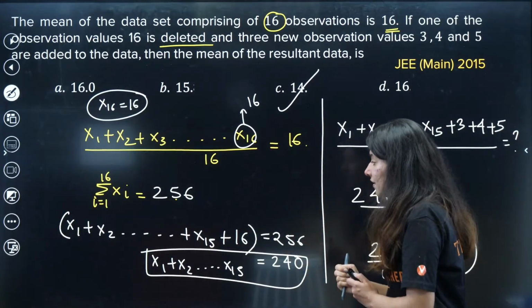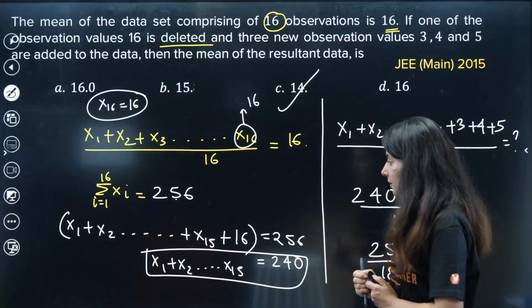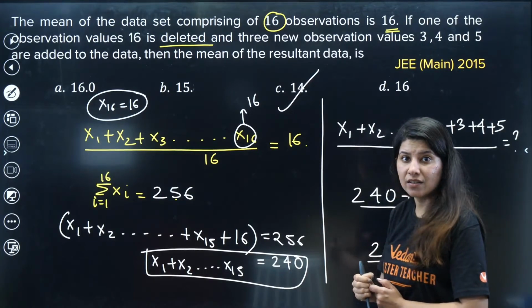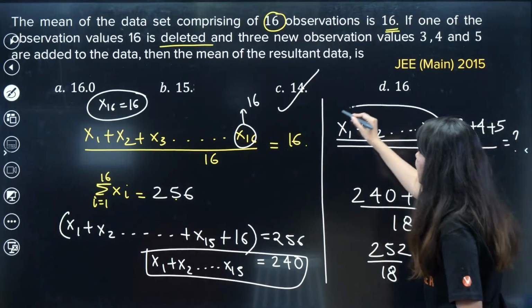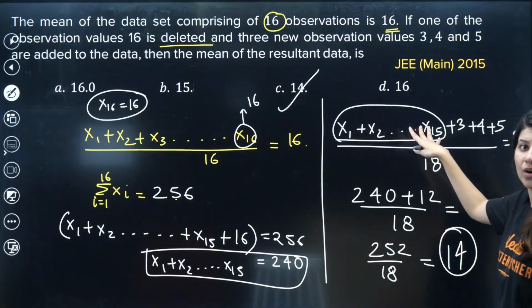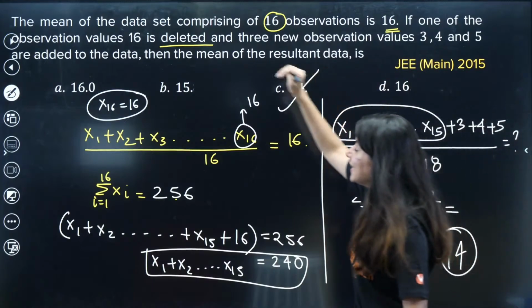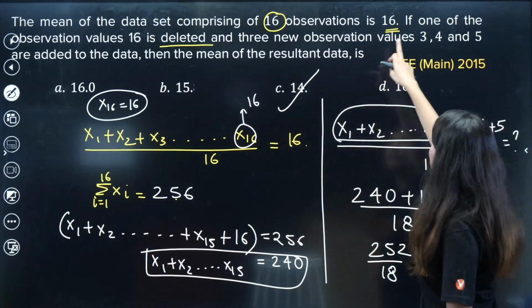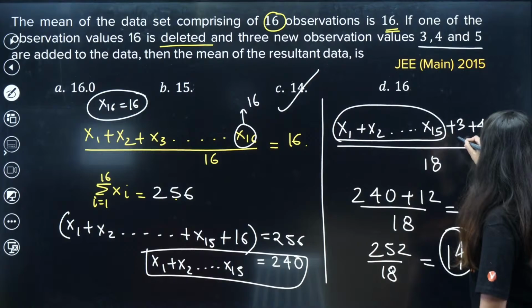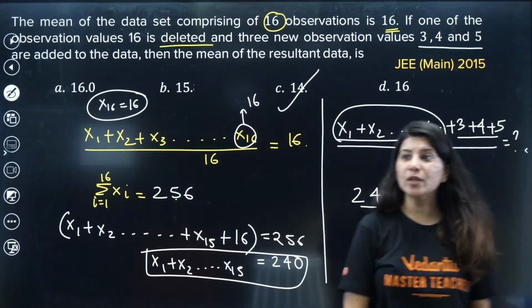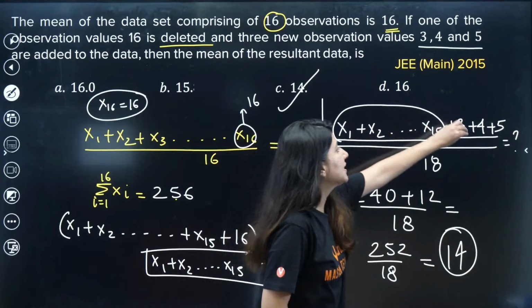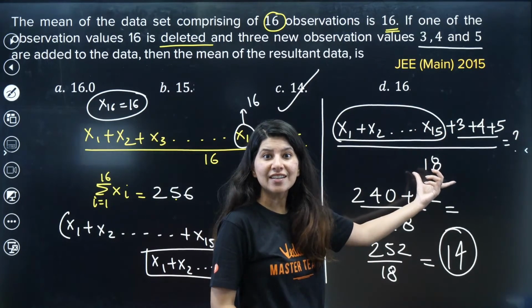We need to delete it. How to delete it? So can you see I have deleted it, x16 is not in the picture now. What they are saying: delete 16 and add 3 new observations. So I have added 3 new observations and we need to figure out the mean of this. How many observations? 15 plus 3, 18 observations are there now.